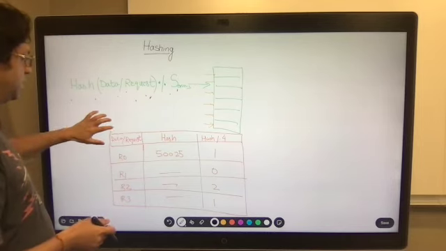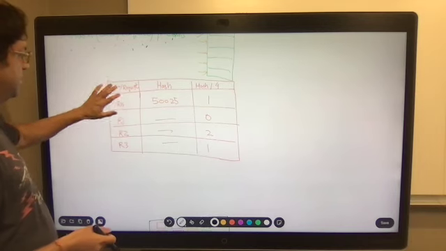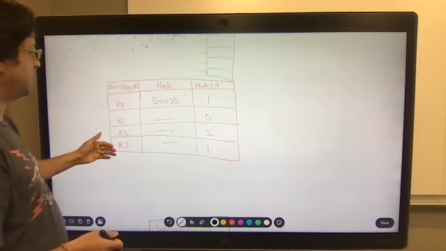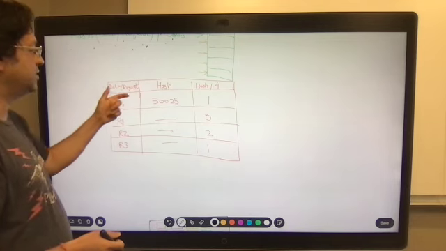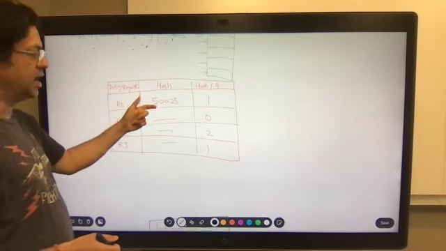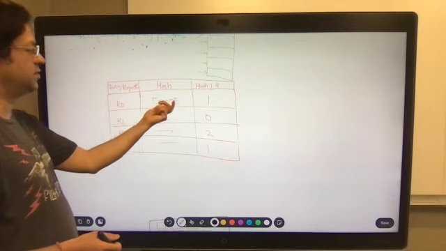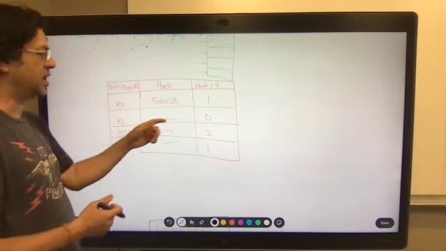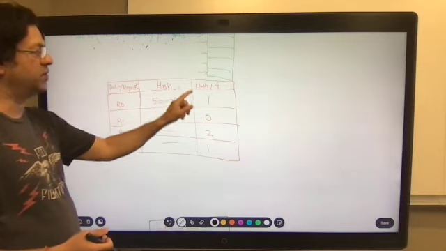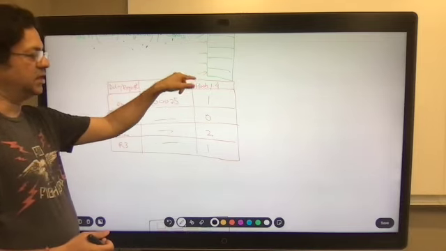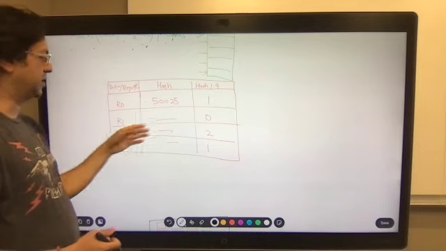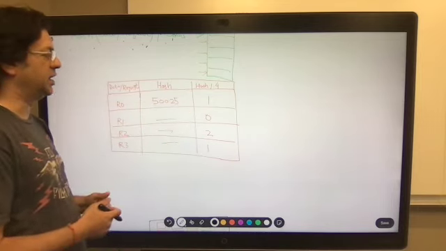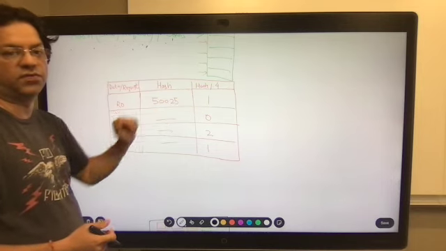To make it clear, let's say we have data requests coming, R0, R1, R2, R3. We have the hash of that request, and let's say the number is 50025. Then we take the modulo of that number, so that request would be mapped to the 1st location of this table, or based upon different numbers, it could be 0 or 2, if the number of servers is 4.